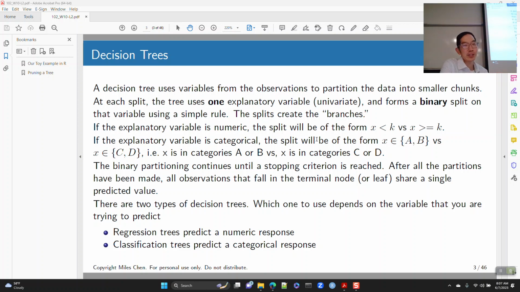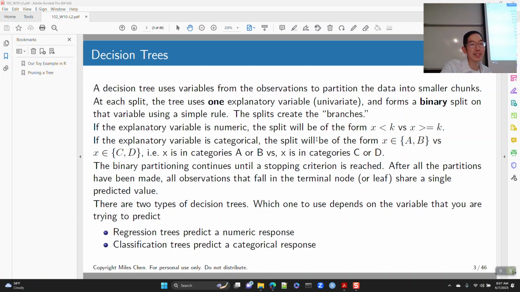So a decision tree: you have all of your data, and it tries to divide the data into different chunks. The way it does it is it asks a question, and based on your answer to the question, you go down different paths.